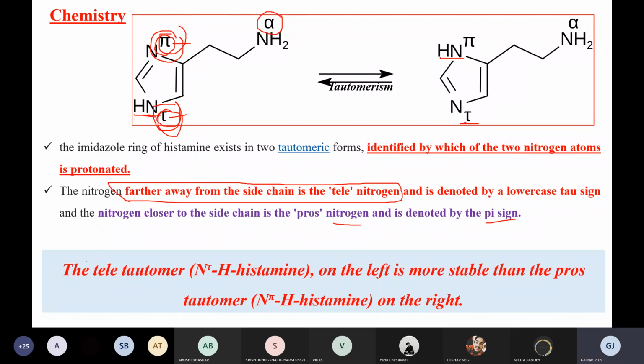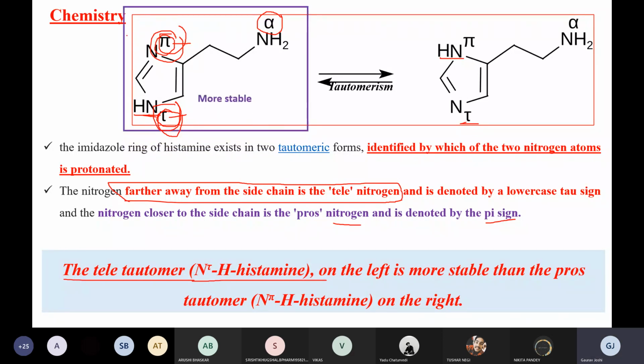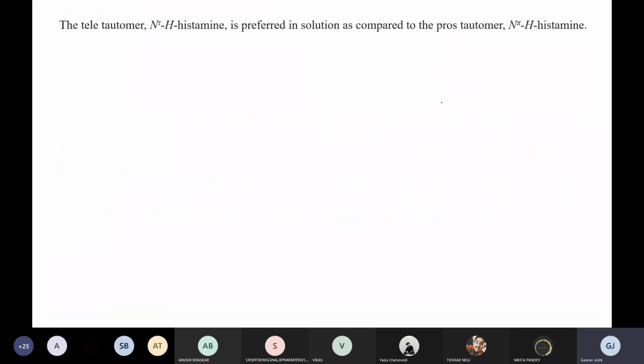All right. The tele tautomer, tau H histamine on the left, is more stable than the pros tautomer, the second one. So basically the N tau H histamine is more stable. Now we'll explore the reason why.